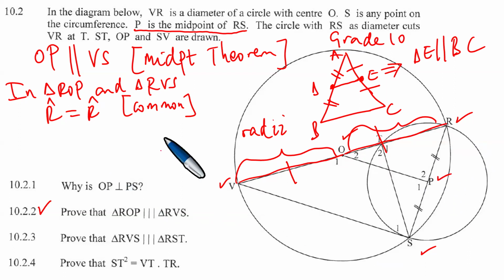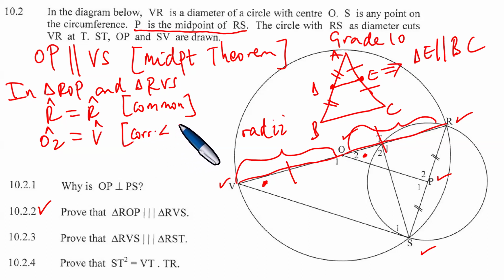So now we have also angle O2 is equal to angle V, which means that you have corresponding angles. Why do we have that O2?